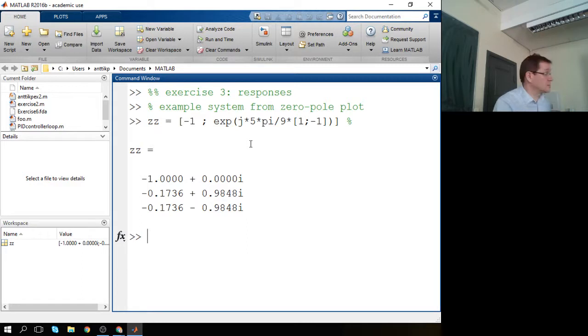Then the poles are 0.5, the one pole on the real axis, and then I have 0.5 plus j times 0.5, and 0.5 minus j times 0.5.